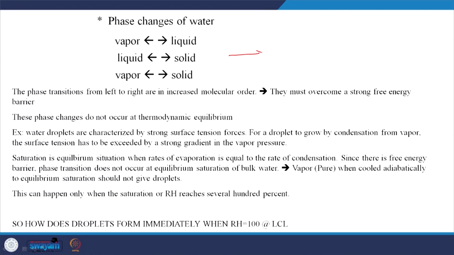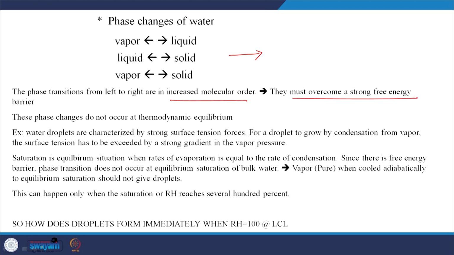The phase transitions from the left to right that you see, you have all the phase transitions listed here, are the ones which result in increased molecular order. That means, if liquid arises from vapor, that means vapor transforms its phase to liquid, then it has resulted in increased molecular order. For the increased molecular order, they must overcome a strong free energy barrier naturally, right.